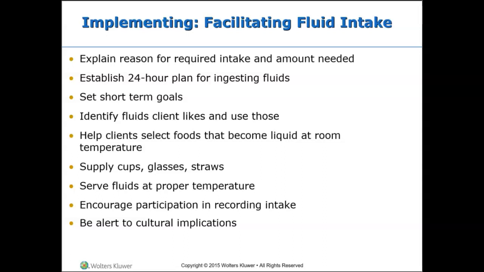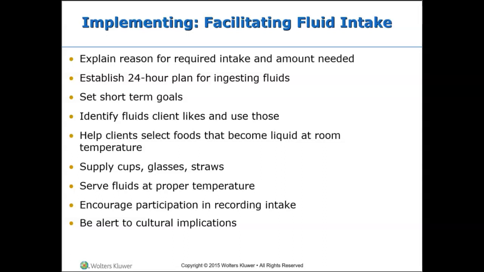Find out what the patient likes to drink and provide those. Just make sure they don't contain too much caffeine, as that is a diuretic, okay? And if they select foods that become liquid at room temperature, those items can also be counted, so encourage those as well. And if they like to drink through a straw, make sure they have plenty of straws available. If a drink is meant to be hot, serve it hot.